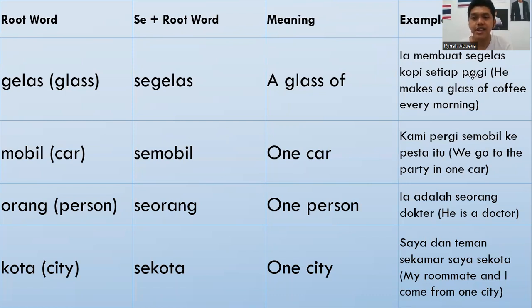Third one, orang, meaning person. If we place the prefix, it becomes seorang, meaning a person or one person. Ia adalah seorang dokter. He is a doctor. Notice that seorang indicates the subject. Next, the last one is kota. Kota means city, and when we place the prefix, it becomes sekota, meaning one city.